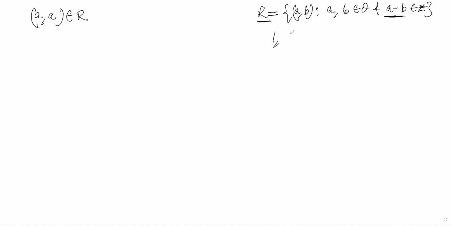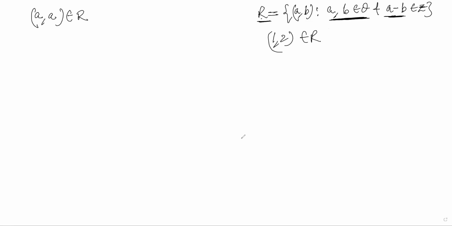Like (1, 2) belongs to this relation. Why? Because if you find 1 minus 2, that is minus 1, which is an integer. 1 and 2 both belong to rational numbers. So that is why (1, 2) belongs to this relation R. Did you understand this? How to observe, how to get information about this relation?